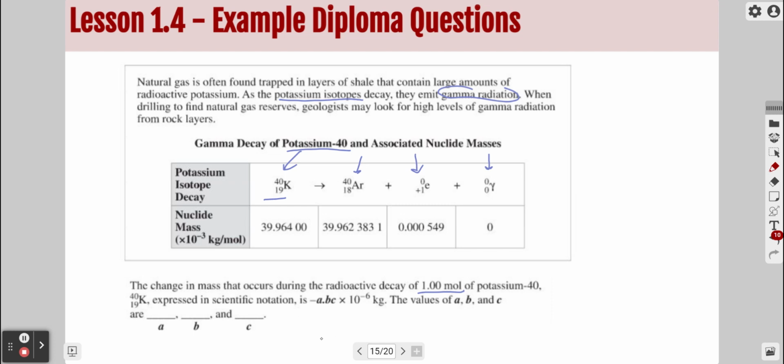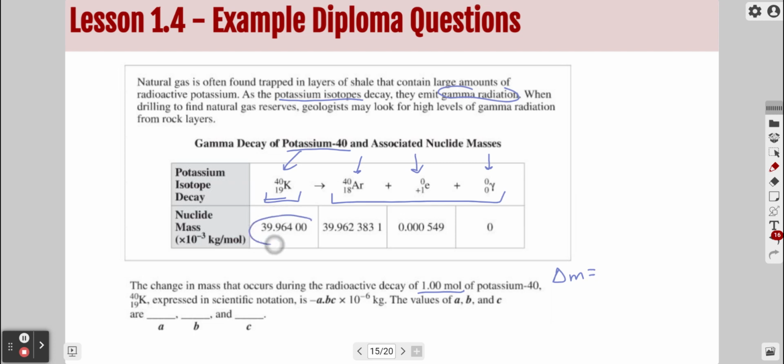Okay, so we need to find the change in mass that's happening here. And the change in mass is going to be equal to the mass of these reactants, all added up, minus the mass of the products. Or the other way around, it doesn't matter, you just need to find the difference between these two sides' masses.